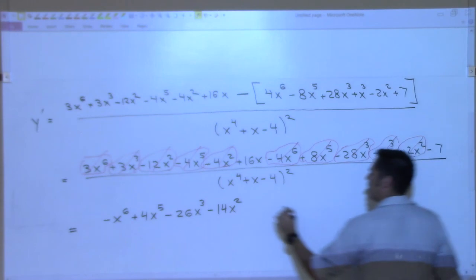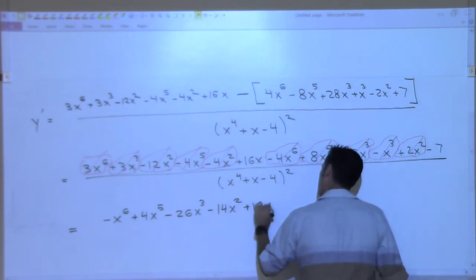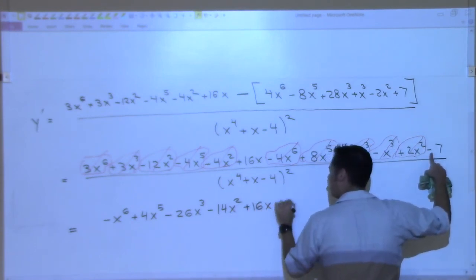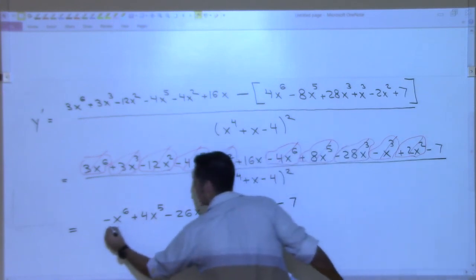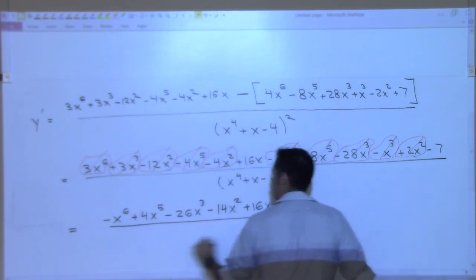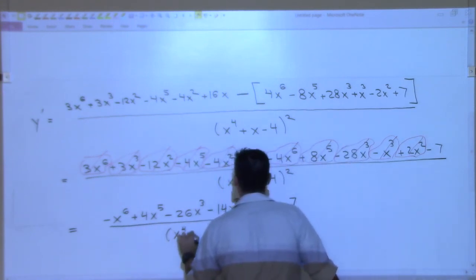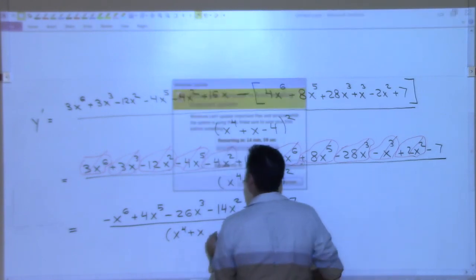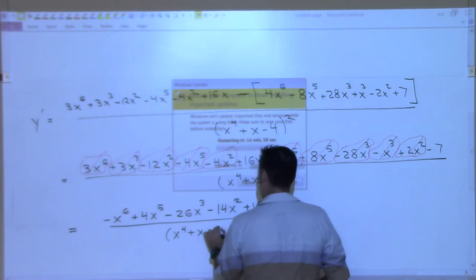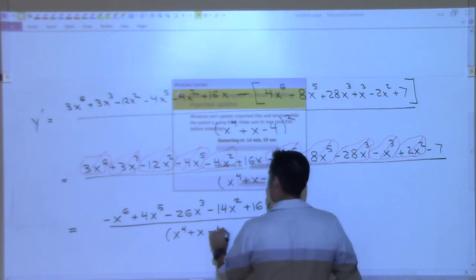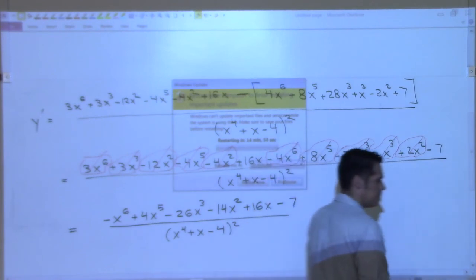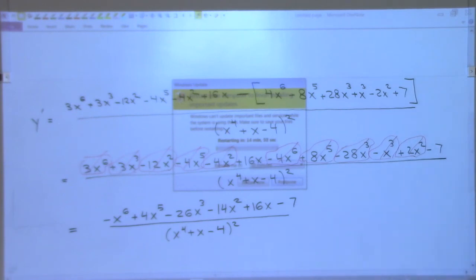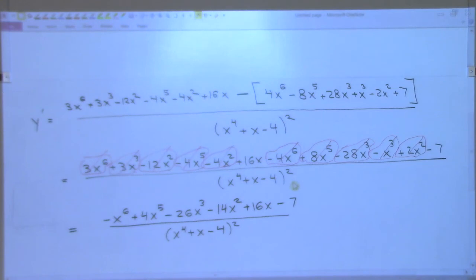So plus 16x. And then minus 7, all over your denominator squared. There we go. There it is.